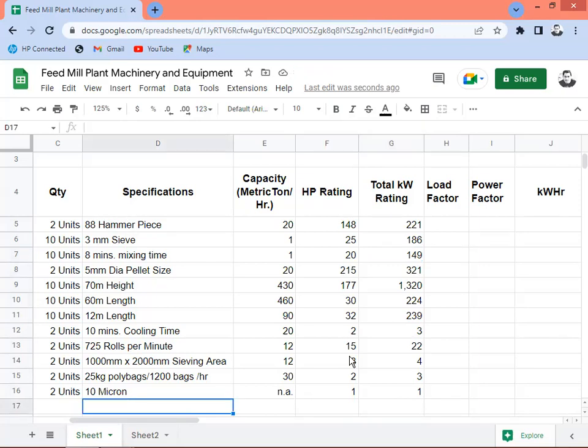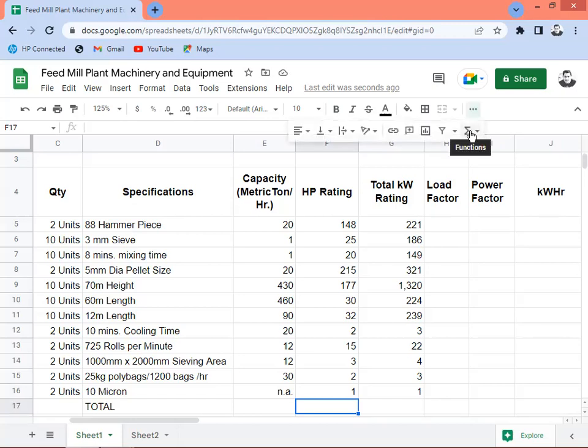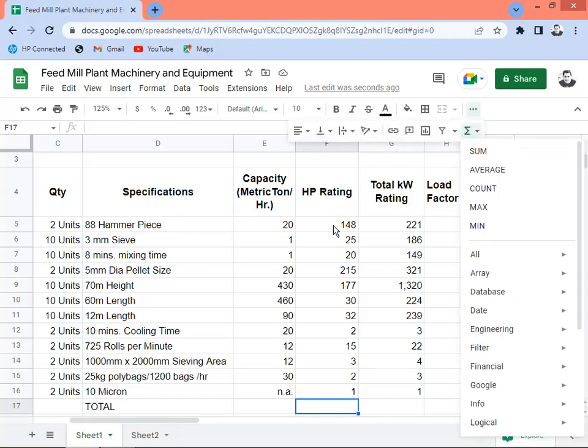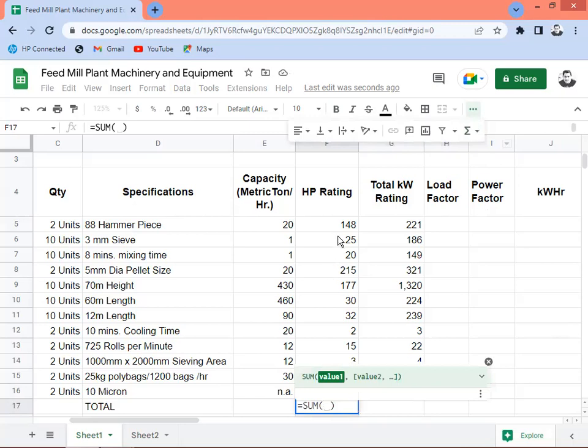I'm going to type the total text here. Total. No need to sum this one, but the HP rating we're going to sum up.